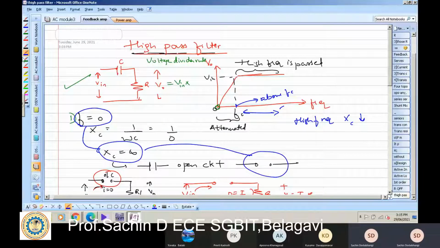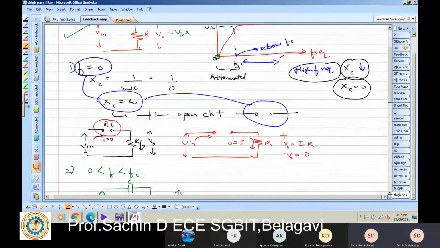Now for the reverse case, at very high frequency, near to infinity, XC decreases to 0. When capacitive reactance is 0, the capacitor almost acts as a short circuit.